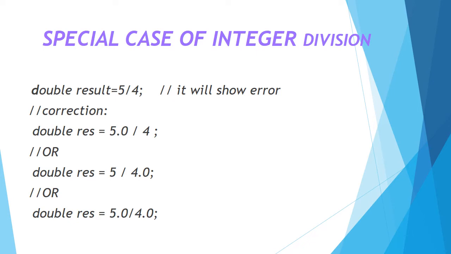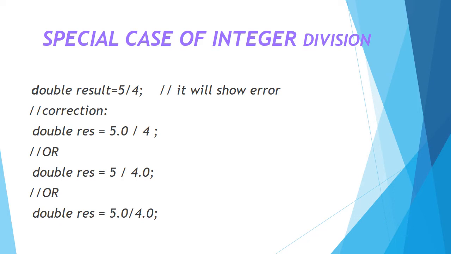Or we can make both the dividend and divisor decimal. If the dividend is in decimal form and the divisor is in integer form, then also the result will be correct. In case the dividend is an integer and the divisor is decimal, then also it is correct.